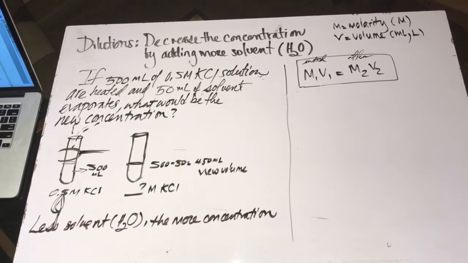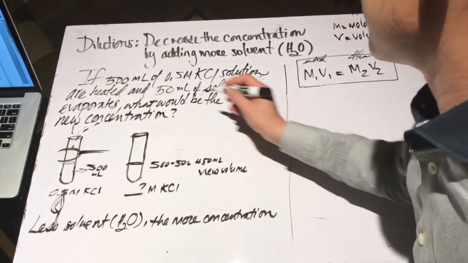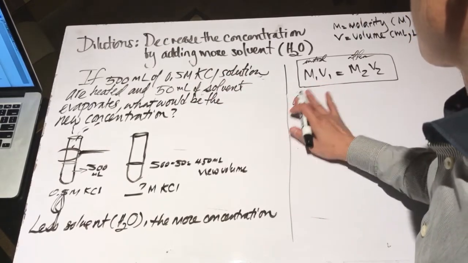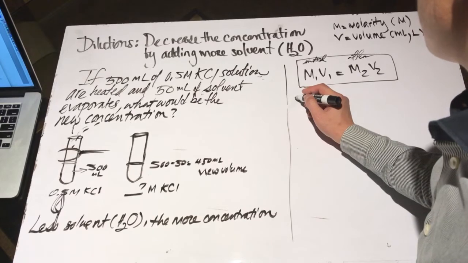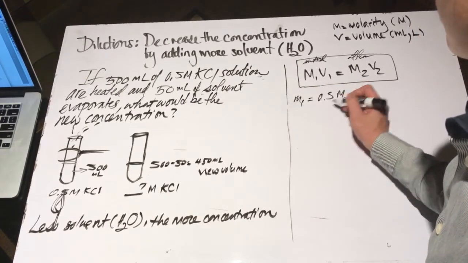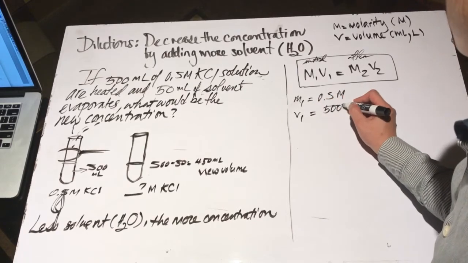Back to the numbers. Over here I'm just going to show you again. M1 is equal to 0.5. V1 is equal to 500.